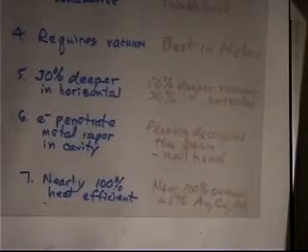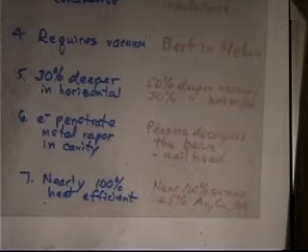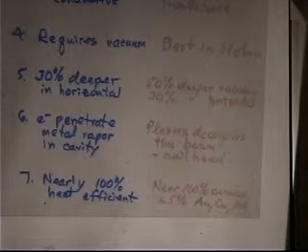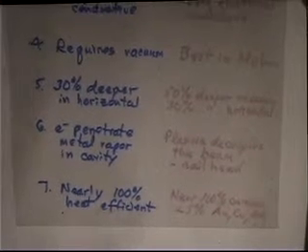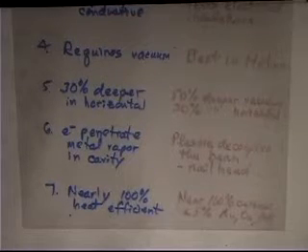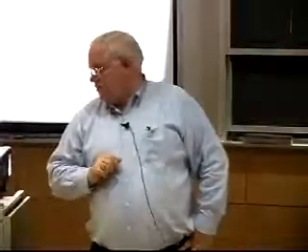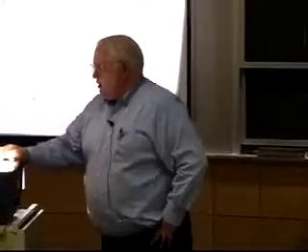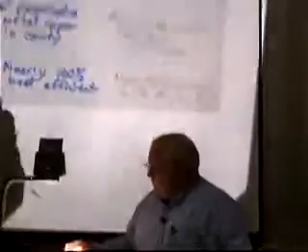The 50% increase in vacuum is due to the fact that the vaporization is more effective if I'm vaporizing into a vacuum than if I'm vaporizing against 1 atmosphere of pressure. Some of those gas molecules go back down, hit the surface, and recondense. I get deeper penetration if I have a vacuum.